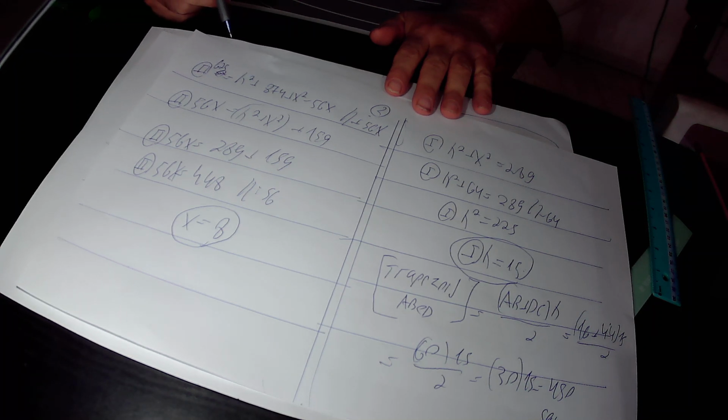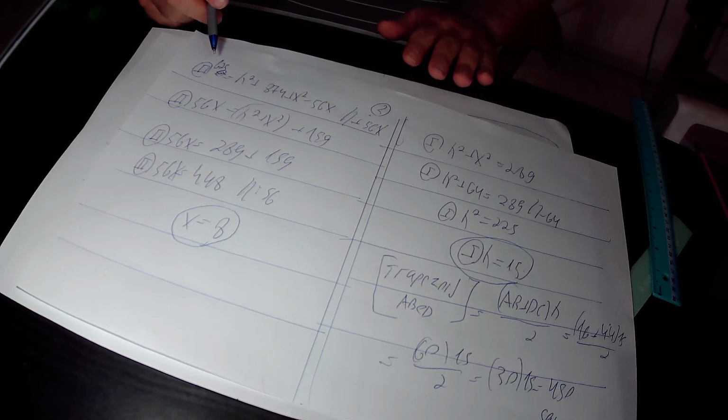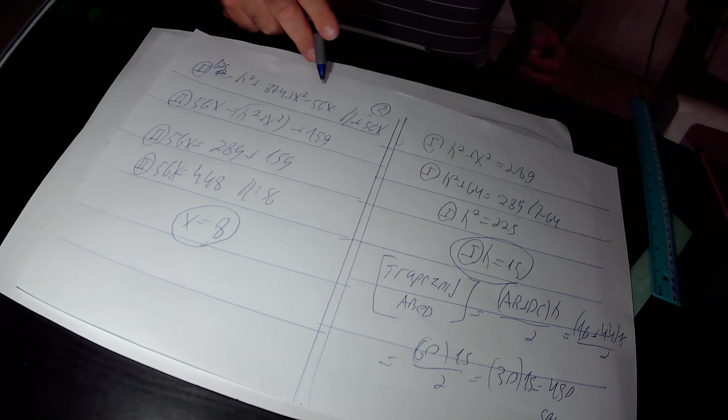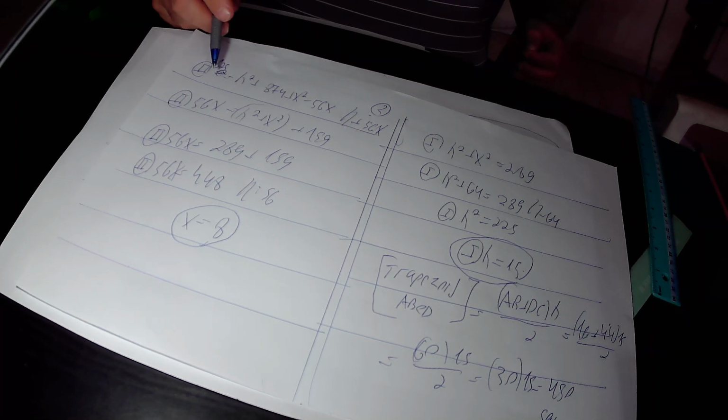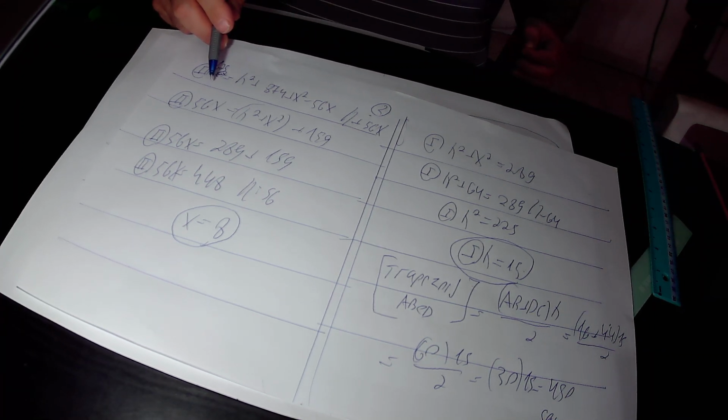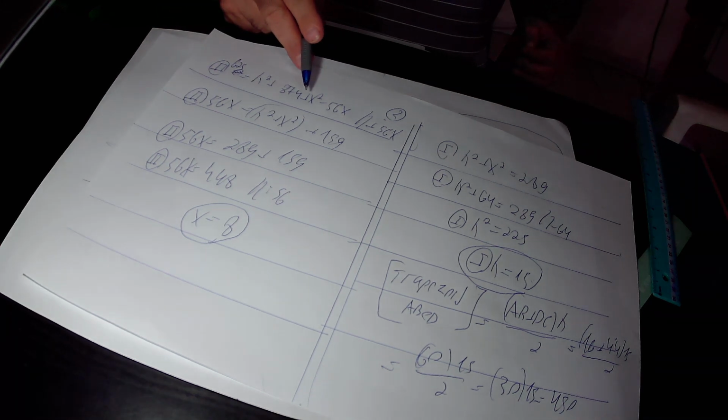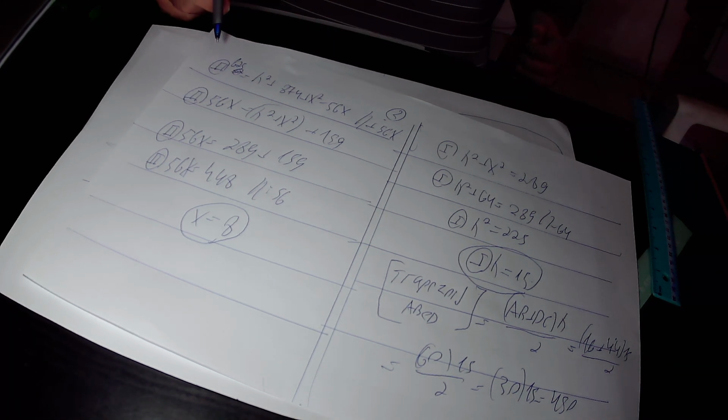And after we subtract 625 from this equation, we are left with 0 on one side of the equation, and on the other side we have 784 minus 625, which is 159. And if we add 56X to this equation, we get that 56X equals 8 squared plus X squared plus 159.